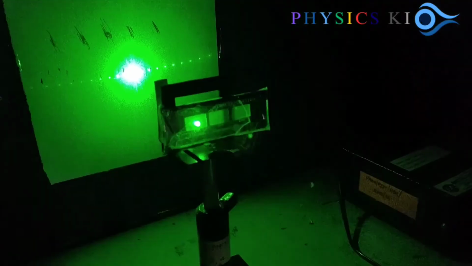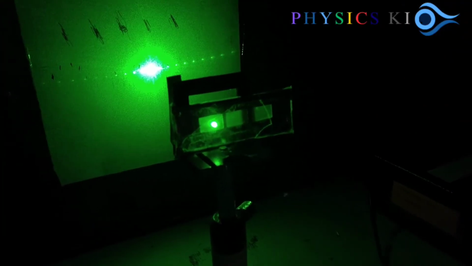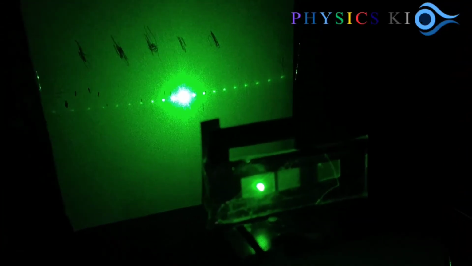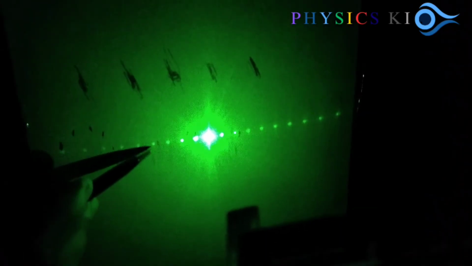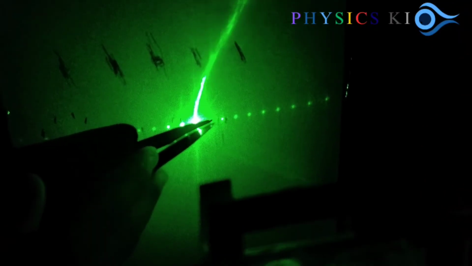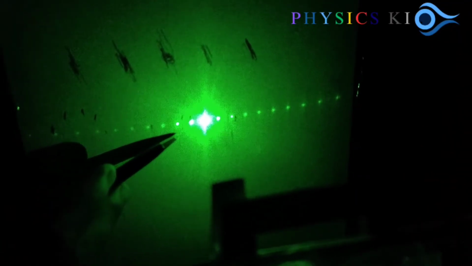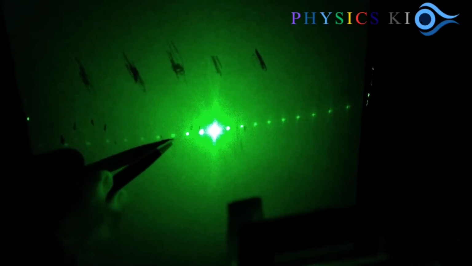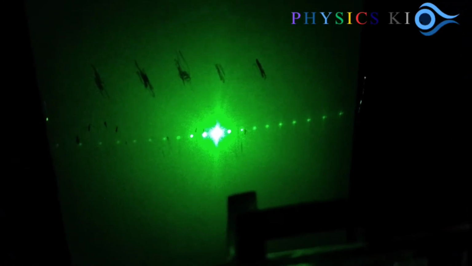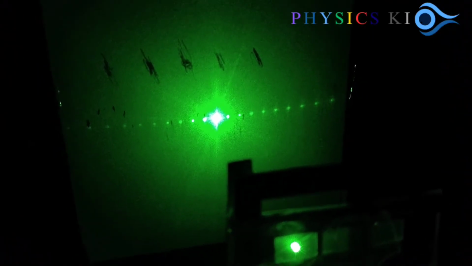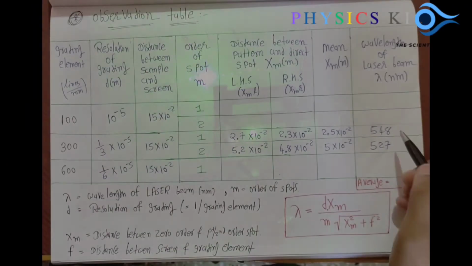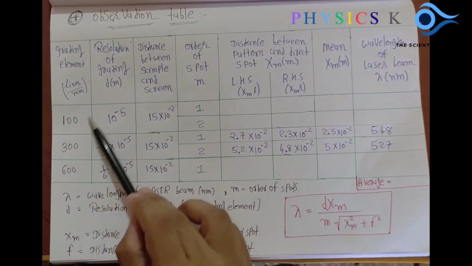Now check for the 100 lines per mm. So you can see whenever I am using the 100 lines per mm grating, this one is my screen. This one is my central spot, first one, second one, first one, second one. Due to the 100 lines, the dots are very near. So same, you have to measure the distance between 0 to first one, 0 to second one.